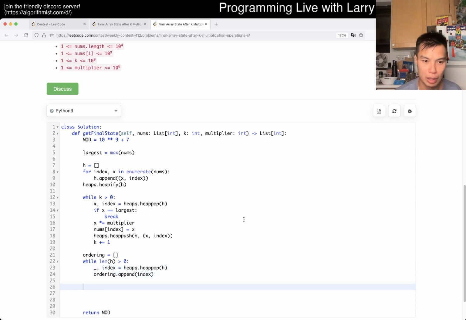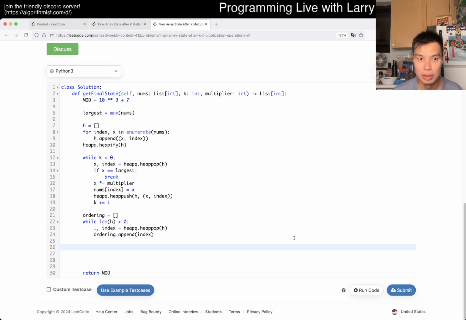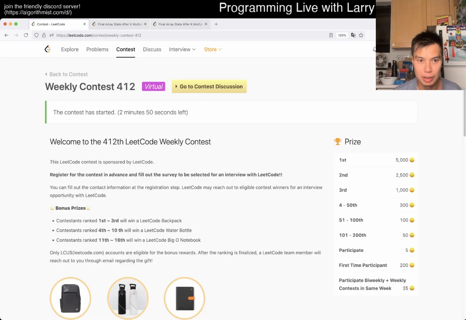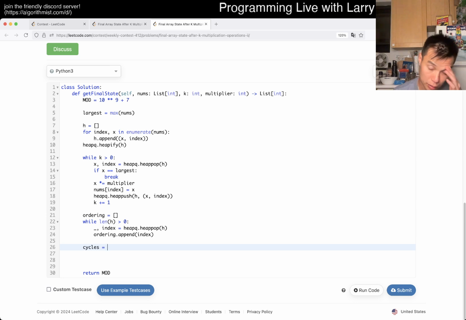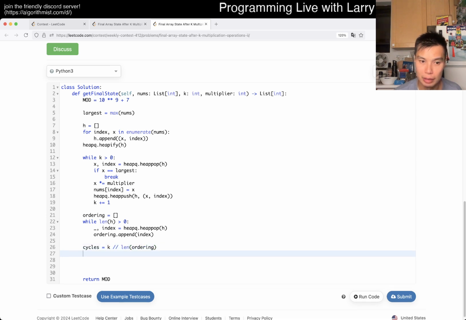Okay, so then now we have k left. So then now we have just gonna be out of time, which is a little bit sad, but that's not a big deal. So then cycles is just equal to k left divided by length of ordering, and then leftovers is just equal to k mod length of ordering.